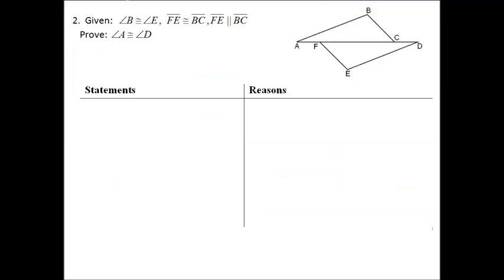Let's look at another example. Given our angle B is congruent to angle E, side FE is congruent to side BC, and FE is also parallel to BC. So let's first of all mark those things in our diagram and put the statements down.